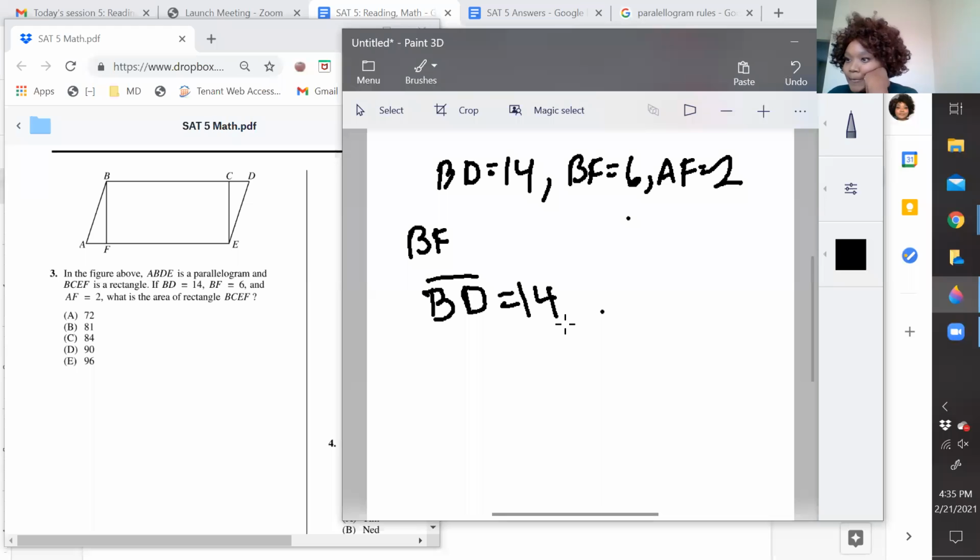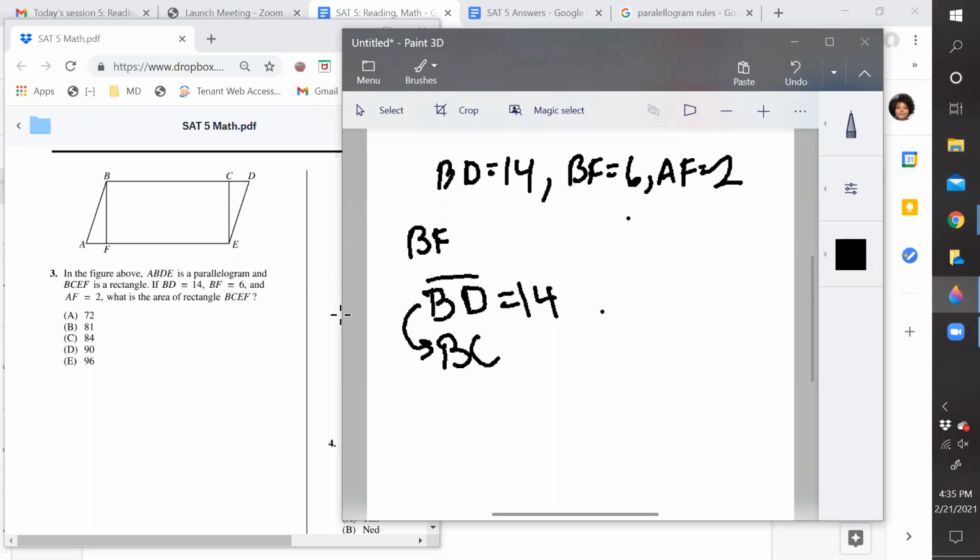As you were saying, the line BC of that rectangle is contained within the B to D, right? Yeah. And so why did you subtract 2 though?